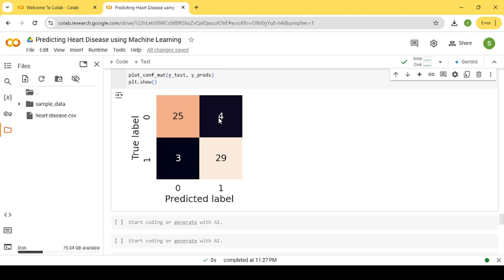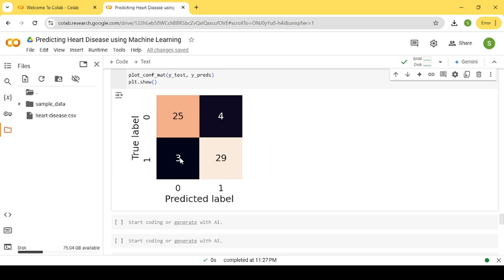Next to it, let's talk about the false negative. So these are the true negatives, and these are the false negatives, which we call FN. So three cases or three instances of the positive classes were incorrectly predicted as negative, okay?